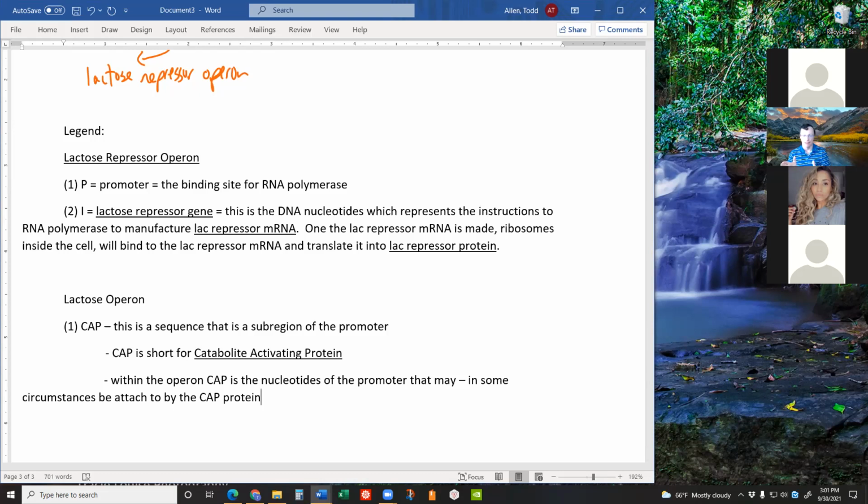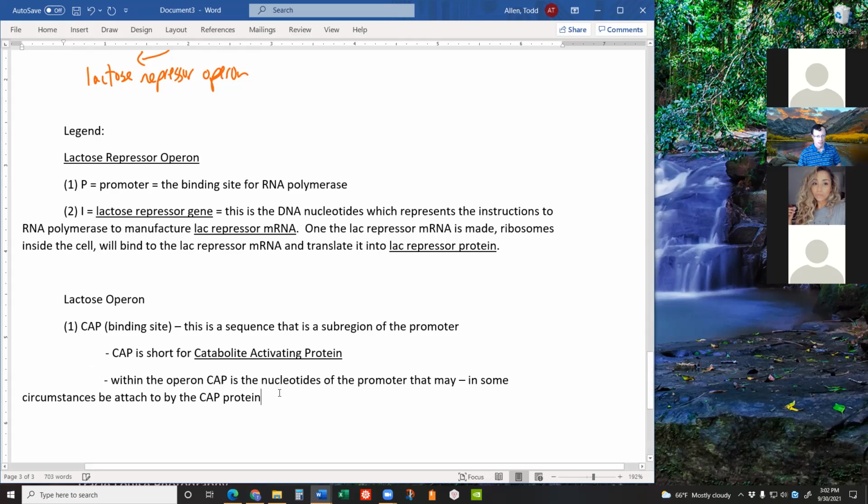What I'm saying is that there is a section of the DNA called cap, and I could even put in parentheses, the cap binding site. Maybe that will help you. There's also going to be a protein in the cell called the catabolite activating protein that under certain circumstances we haven't told you about yet will bind to this section of DNA called the cap binding site.